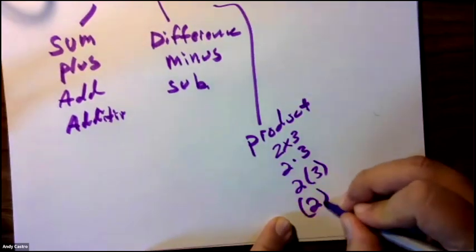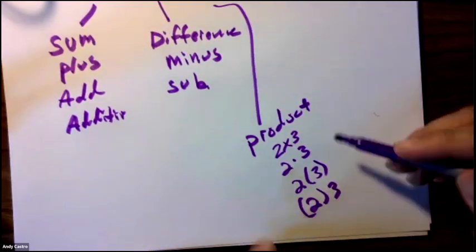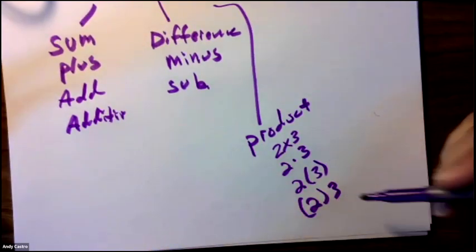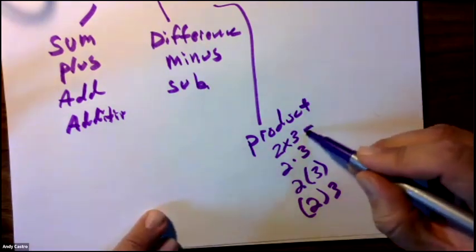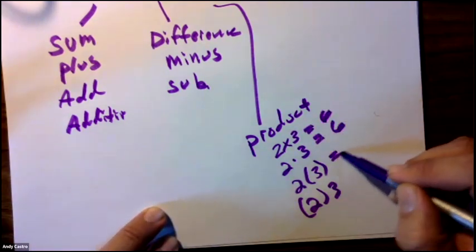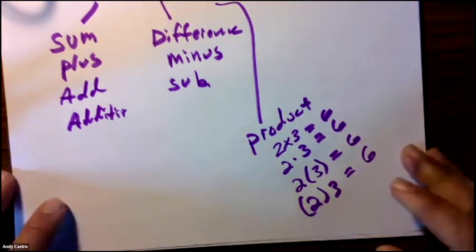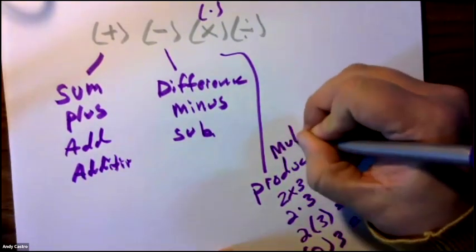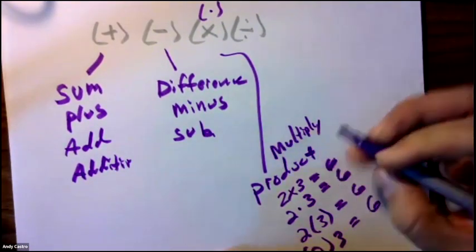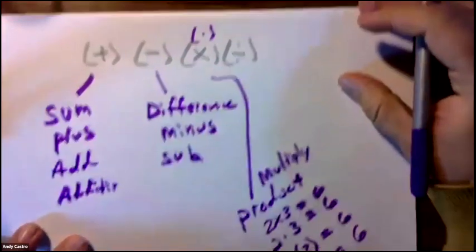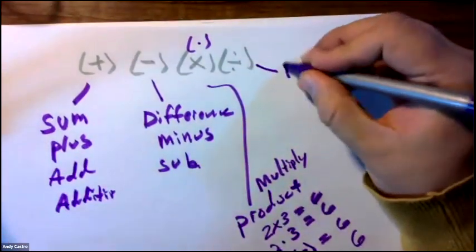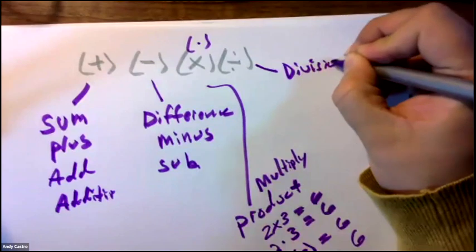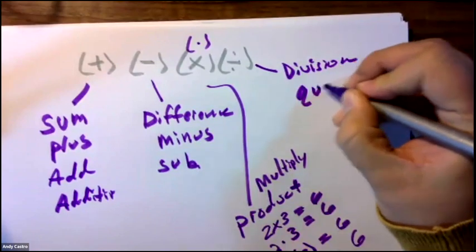You could put the 2 in parentheses and have the 3. All of those are saying the same thing, 2 times 3. All of them are 6. It's just different ways of writing the same thing. All right. We use words like multiply, product, and then for division, a lot of times you'll see the word quotient.